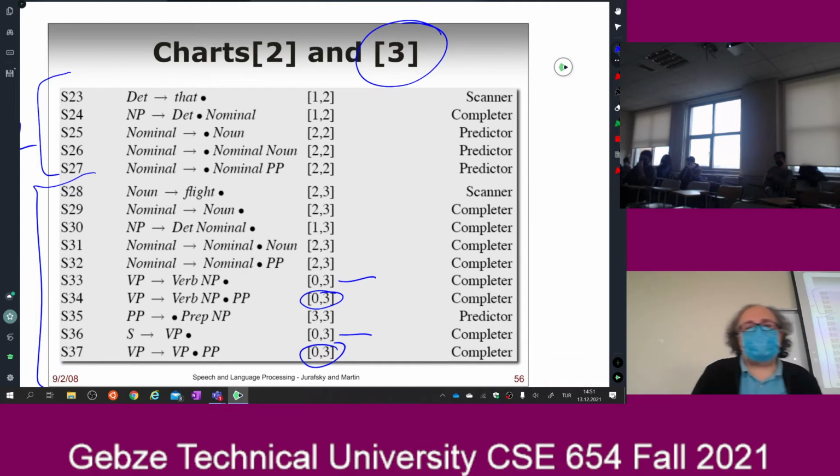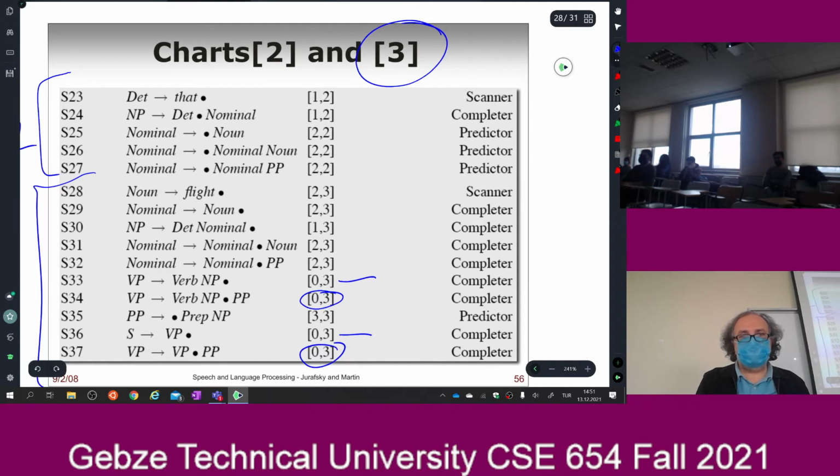Since the third box is the last box, I am happy that I hit this S, because now I have a complete sentence that covers between 0 to 3. Okay? Good.